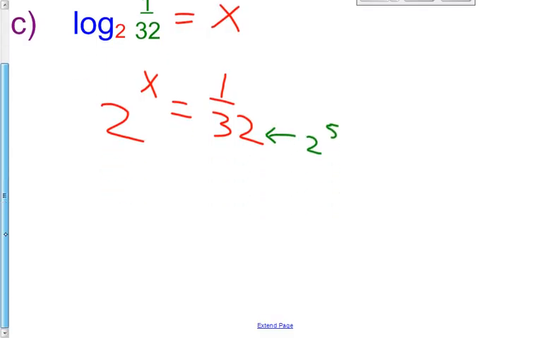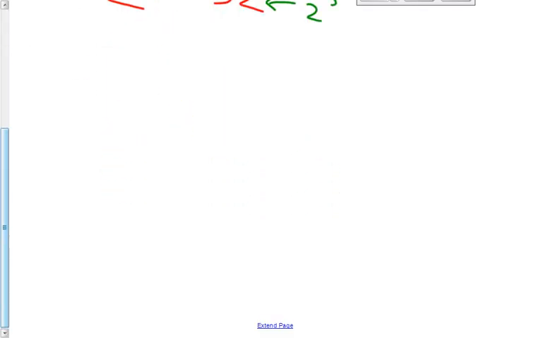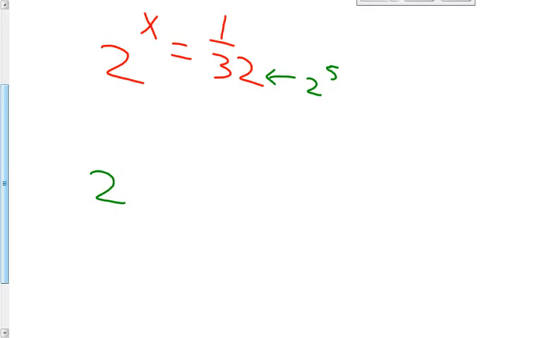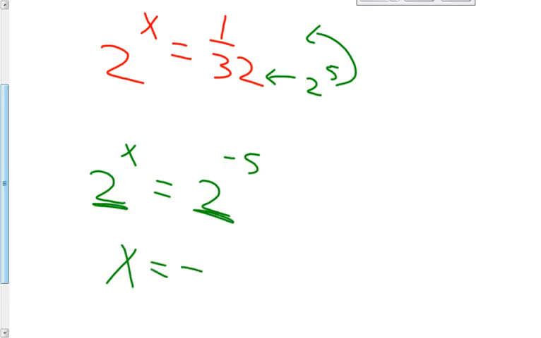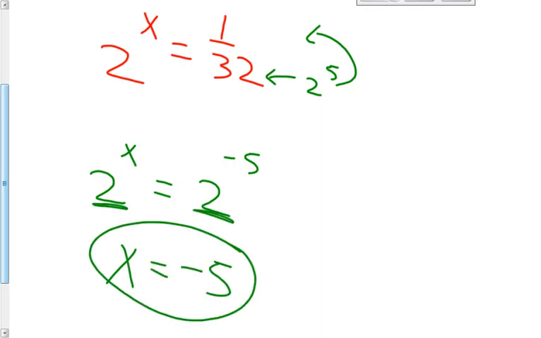So if I want to write this using common bases, I would say 2 raised to the x equals 2 raised to the negative 5th, because I can move this to the numerator and simply change the sign on my exponent. So what does x equal? Common bases, x equals a negative 5.